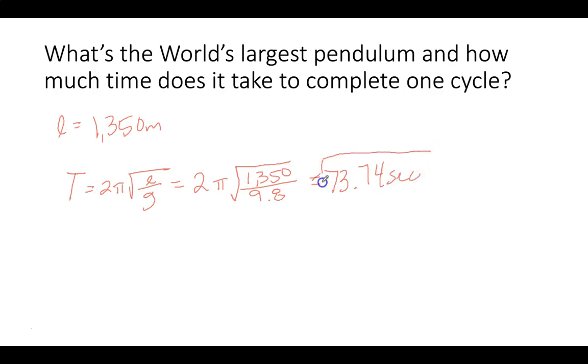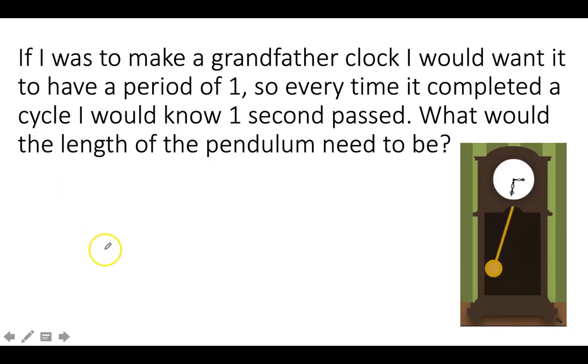So it's going to take over a minute for something of that length, which is very, very long, to complete one cycle. So you're just using the formula on that one. On the worksheet, I would give you the length and ask you to find the period, okay? So let's go to the next one here.